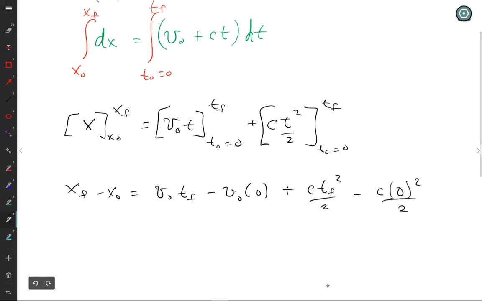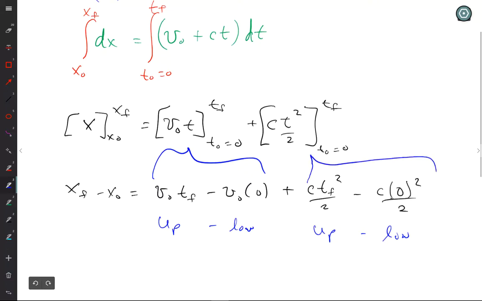Notice this was the upper limit. I'll write the words down here. Upper minus lower, and then again, upper minus lower. So I did the two terms separately. Each term gets its own limits that you subtract. Yes. Okay. And it's final minus initial on each one of them.